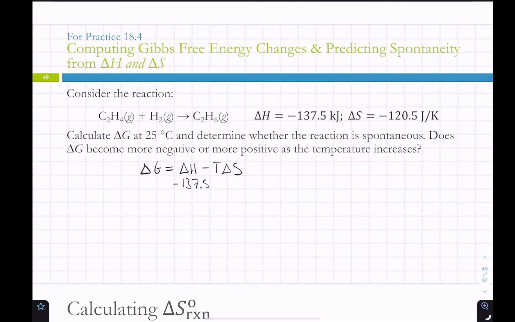The one key thing to remember here is that the units of energy are different. So one has to be in kilojoules, but the other is in joules. So we need them to both be the same. Whichever one you pick, it's kind of dealer's choice, because ultimately here we're looking for the sign, or if the question asks for a specific unit.